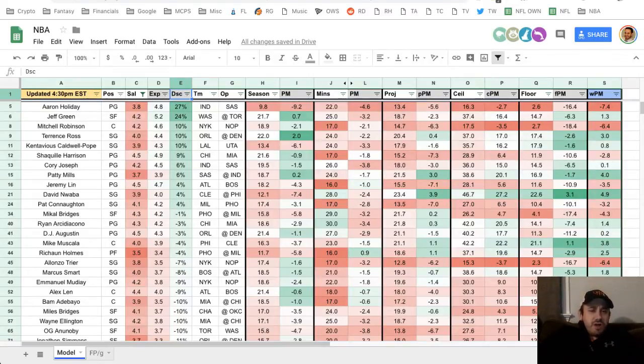Terrence Ross, though, can score in bunches. He's their de facto sixth man, top dog on their second unit. So his weighted plus minus is legit. If you want to save tonight, you can definitely roster Terrence Ross. I like him too because they're going against Denver on the road, and Denver's the best defensive team, arguably, in the NBA.